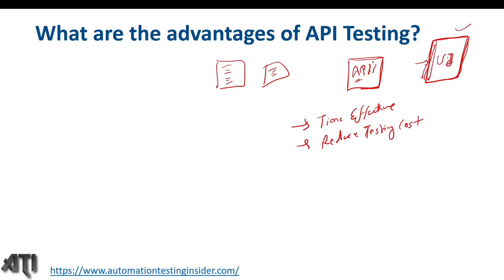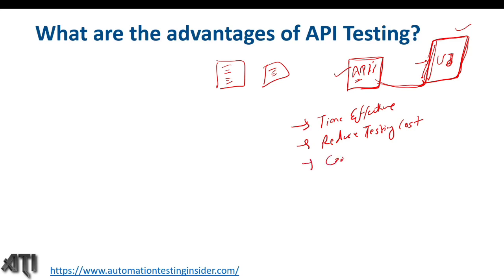That's why we save time and can find the defect as early as possible when we do API testing once the API is ready. That defect might become a bigger issue when it is introduced in the UI. So that's how it reduces the testing cost as well.